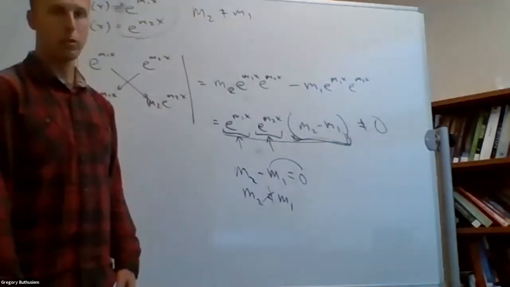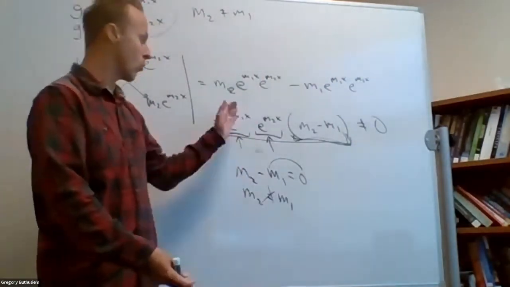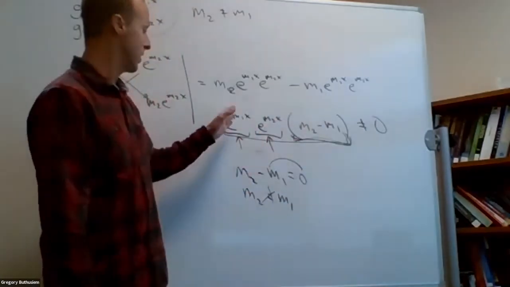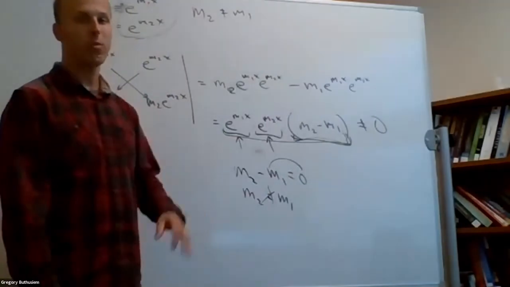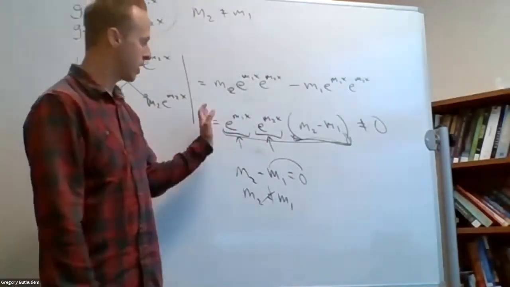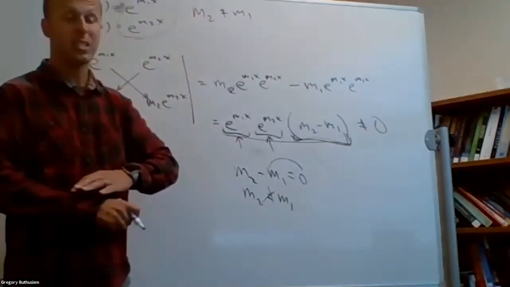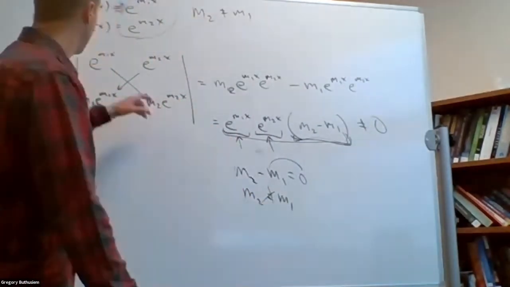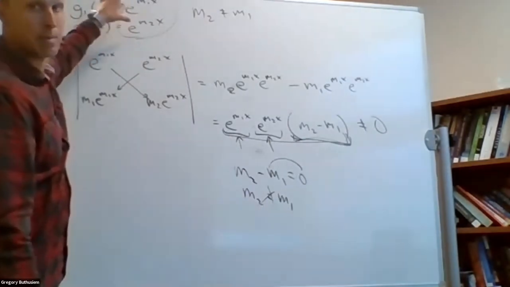Remember, you have a bunch of stuff multiplied together; if that's going to equal 0, one of them has to. But we just went through and said, that doesn't, that doesn't, that doesn't. So if none of them ever equal 0, then the product could never equal 0, which tells me that the Wronskian is never equal to 0, which by default tells me that these two functions are linearly independent.